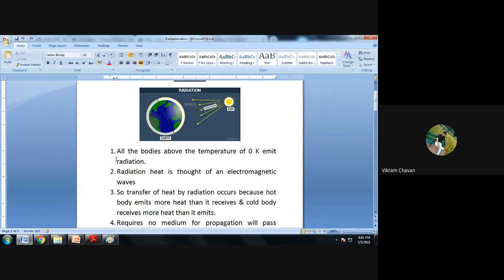Second point: radiation heat is thought of as electromagnetic waves.